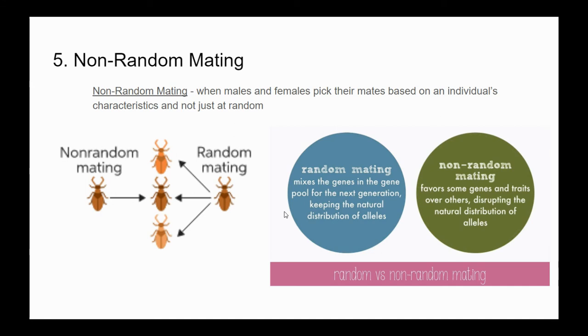Non-random mating though is when some genes are favored, right? Some birds like certain feather colors, and in humans, physical characteristics or intelligence. Humans have non-random mating, so that may lead to evolution or change.